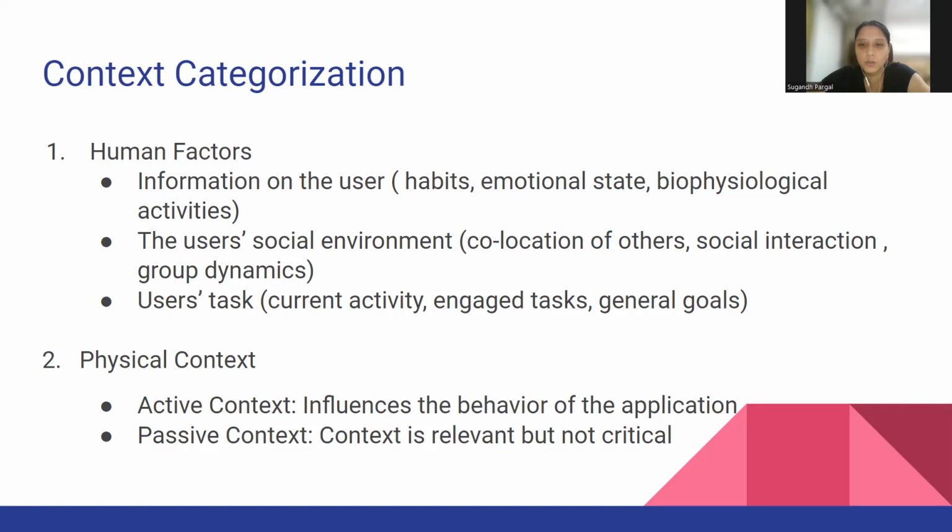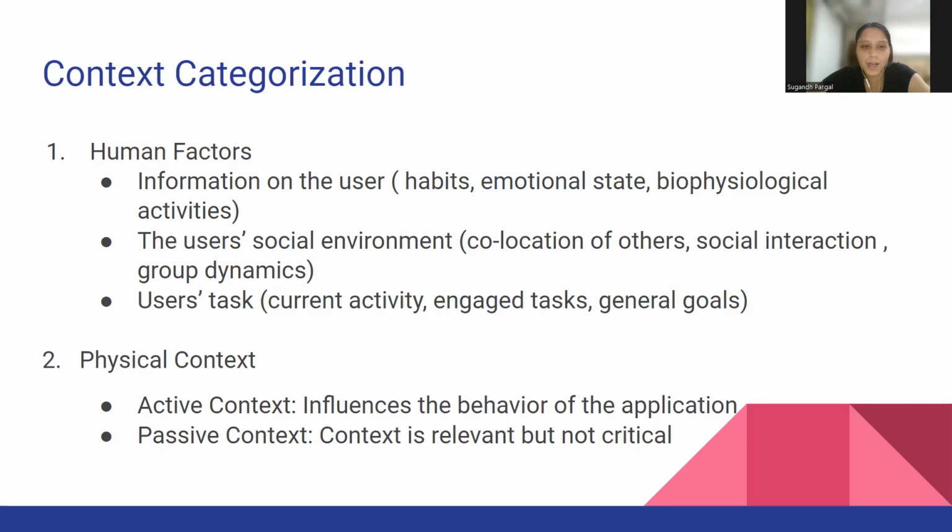For example, the co-location of other users nearby to that particular individual, the social interaction of the user, the group dynamics of the user, whether that person is friendly, has a lot of connections, or is an introvert with a small number of connections.